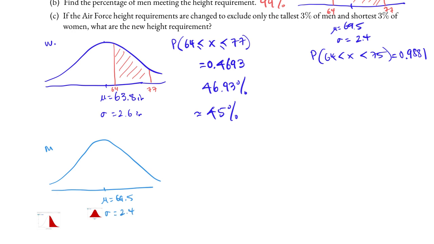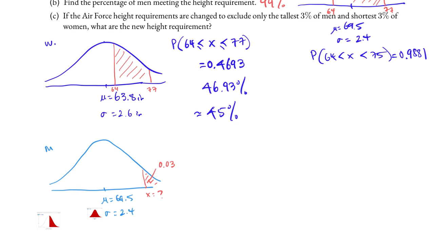This time we are not given the height, but we're given the top 3%. That means we're given the area, the probability, and 3% is 0.03. We're looking for this x value. We will use the StatCrunch normal calculator to do so.